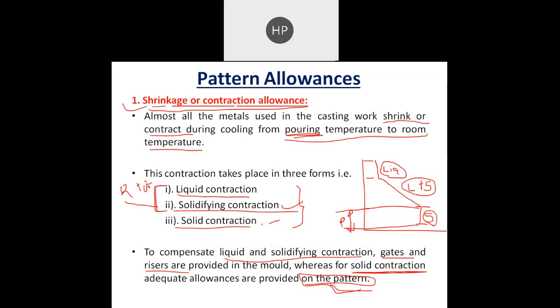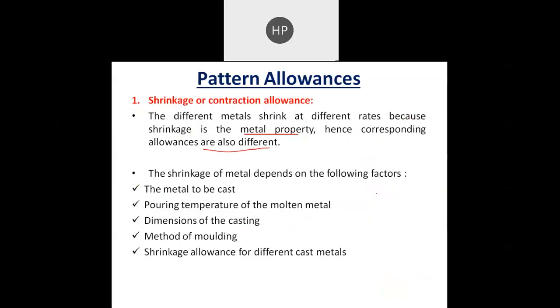Instead of aluminum, if we take some other material like steel, its liquid plus solidifying and solid contraction will be different. It totally depends upon the metal property, and the corresponding allowances are different.